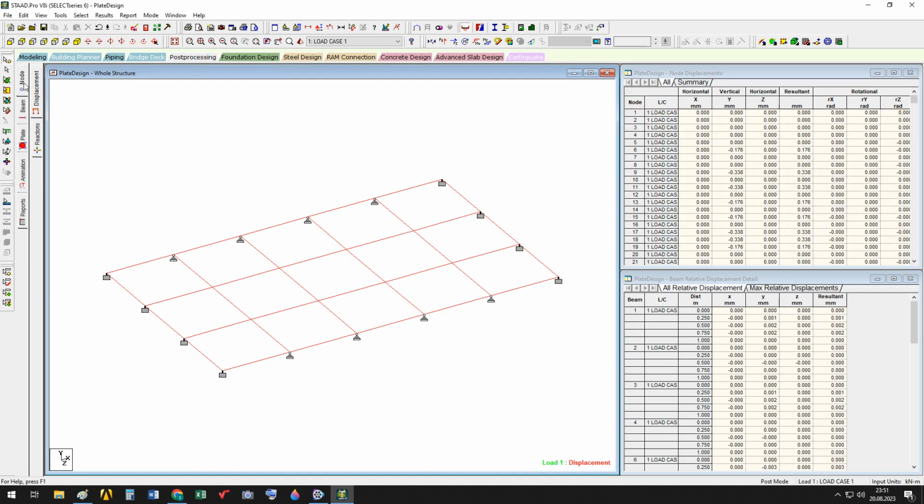As you know, from here we see the node results, coordinates or node displacements, and beam relative displacements.